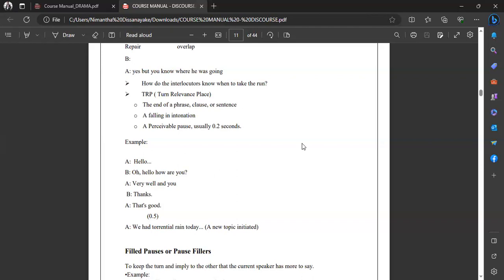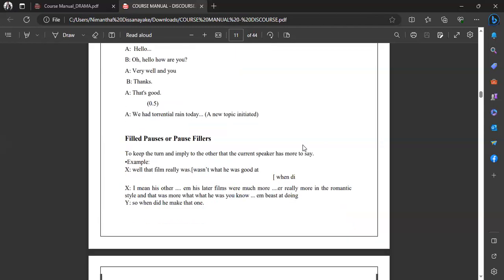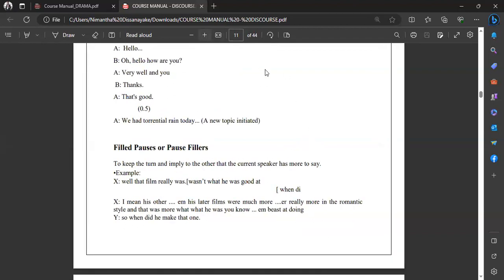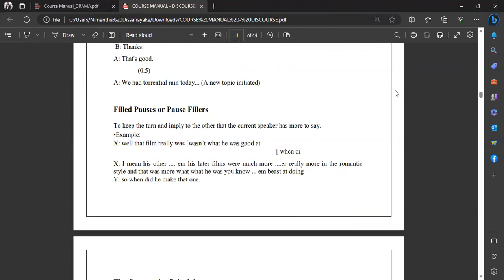Okay. Then the next key term related to conversation analysis is the pauses, or the pause fillers. To keep the turn and to imply to the other that the current speaker has more to say.